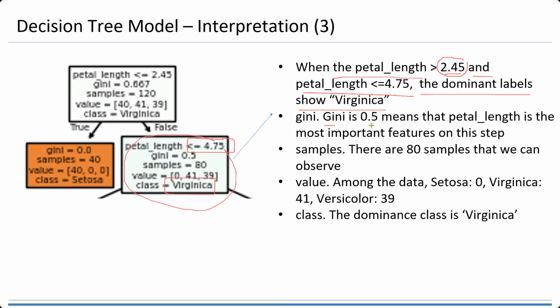The Gini index is 0.5, meaning that the petal length is the most important feature on this step. So on this node, this petal length is important. And there are 80 samples. Among the 80, 41 belong to the Virginica and 39 belong to the versicolor. And the dominant class is Virginica. This is the highest number among the other classes.